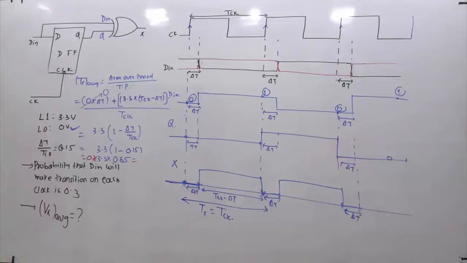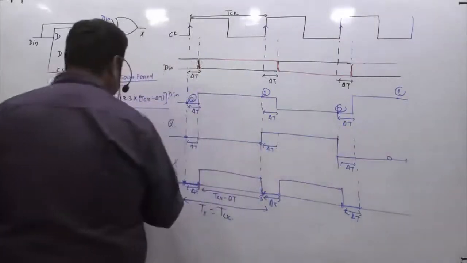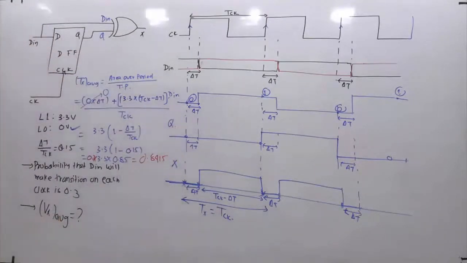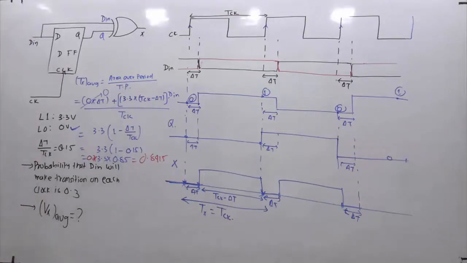If you check it out, this is coming to 0.8415. I hope you don't have any doubts on this, right? So this is the corresponding answer. The average value of the waveform available on X is 0.8415 volts.